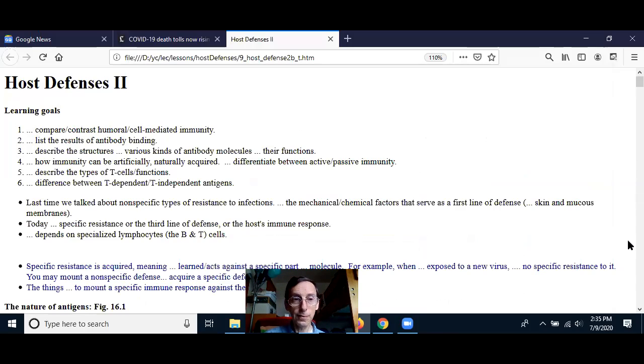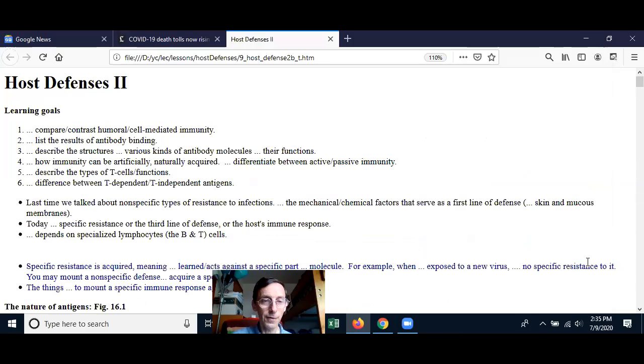So the learning goals for host defenses 2 and a slight rough outline. Be able to compare and contrast the humoral and the cell-mediated immunity. These are 2 arms of the immune system, and so you have to know about them. Be able to list the results that can happen when an antibody binds to something.